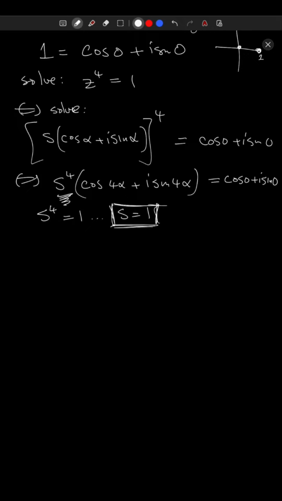So now we have to match the cosine 4 alpha to the cosine 0, and then the sine 4 alpha to the sine of 0, right? So 4 alpha has to be 0 plus 2 pi k, right? And potentially there's always a second solution, but in this circumstance, cosine 4 alpha equals cosine 0 is cosine 4 alpha equals 1.